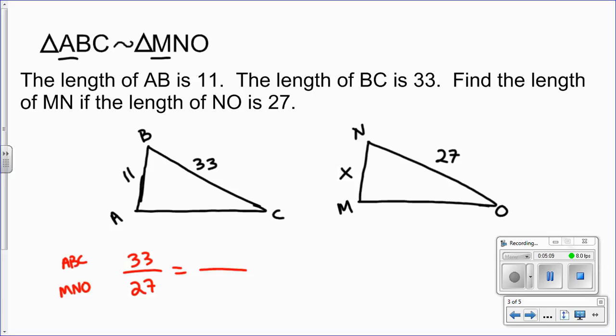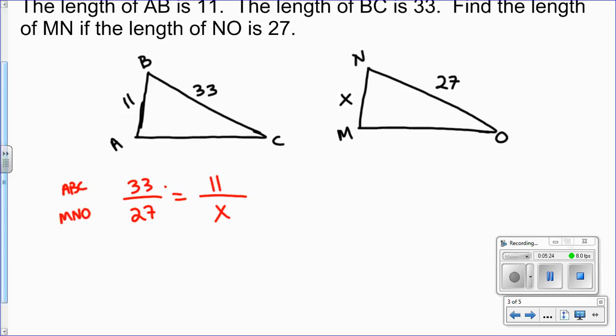Those are two corresponding sides, so I put those together. And then I need 11 and x. The ABC goes on top, so 11. And then x on the bottom. We will cross multiply.